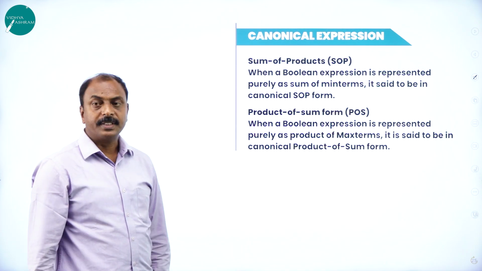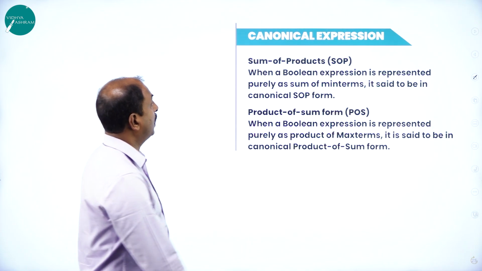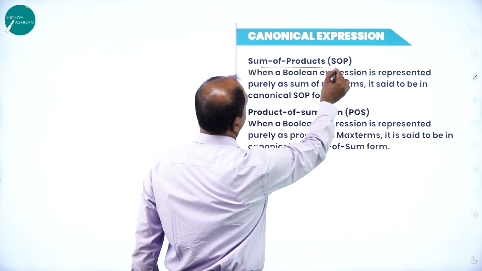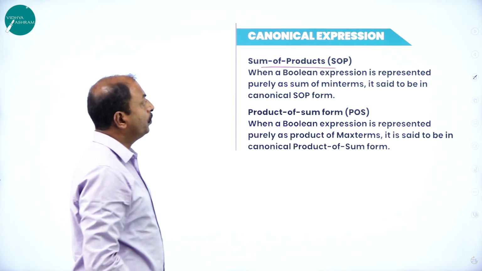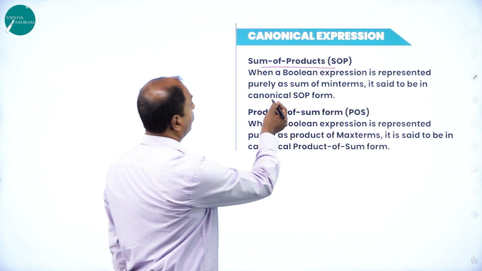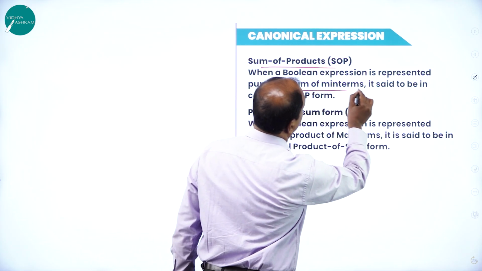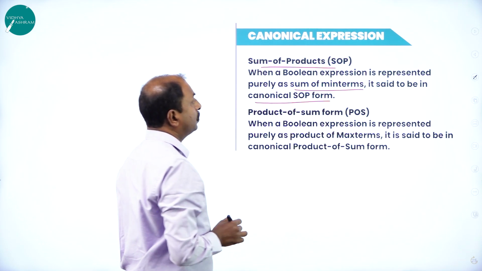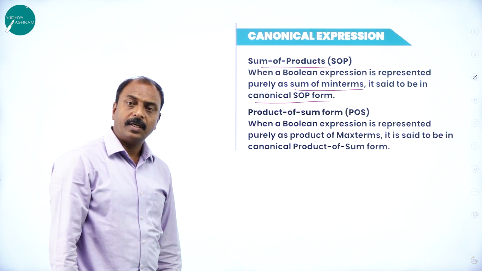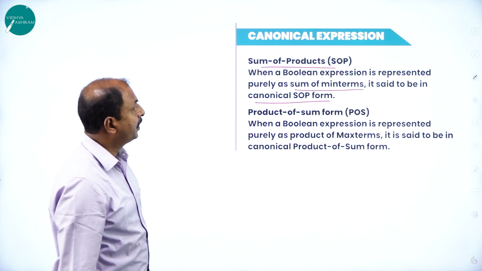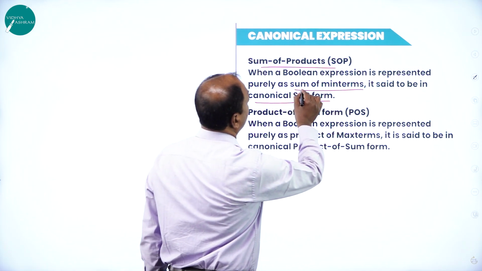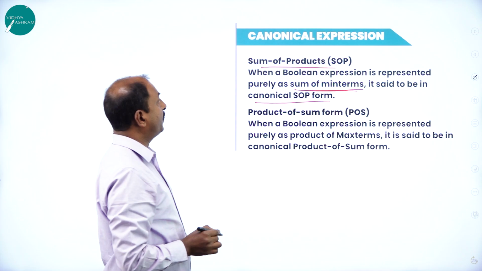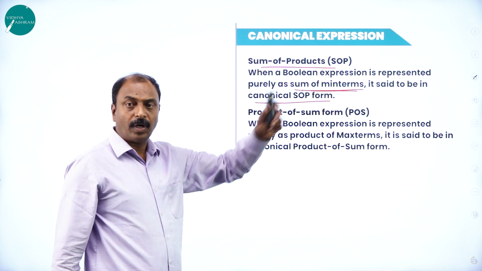Now let us see what is SOP, or sum of products form. When a Boolean expression is represented purely as a sum of Minterms, it is said to be in canonical SOP form.